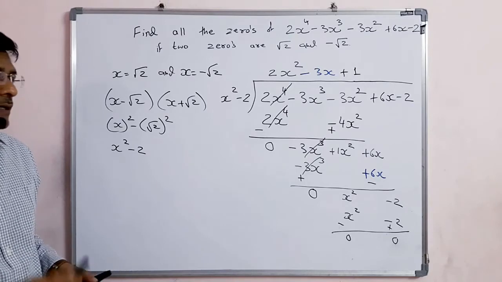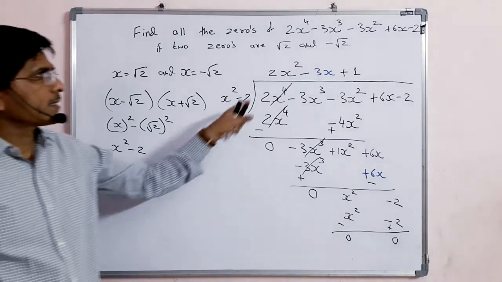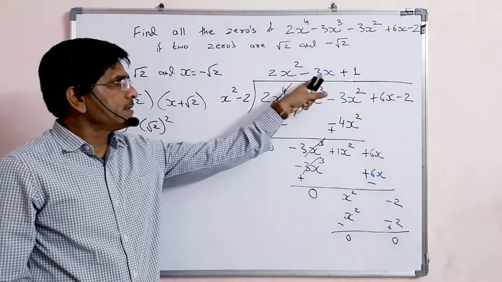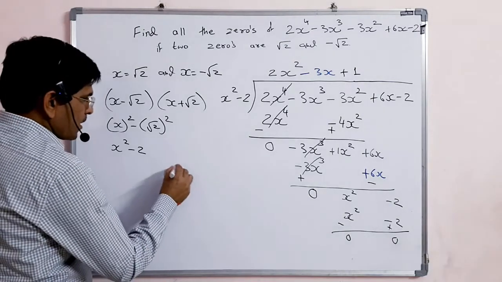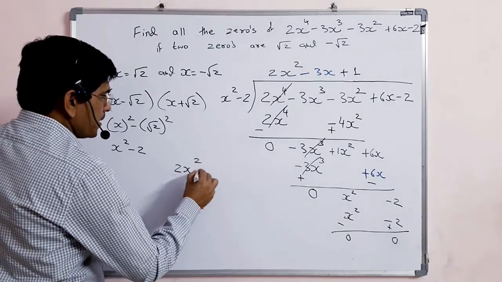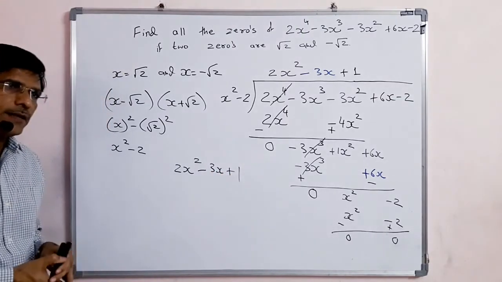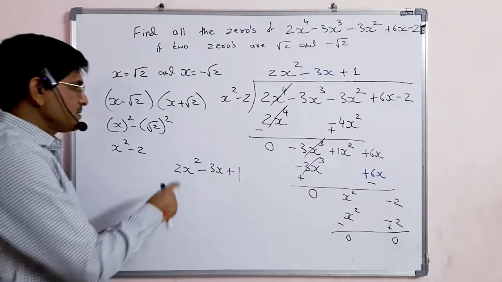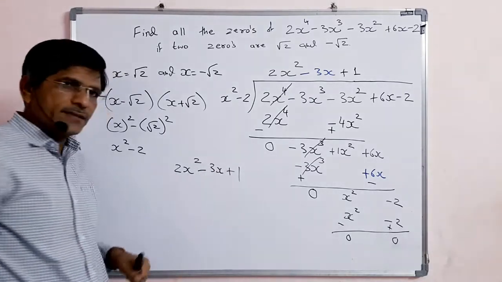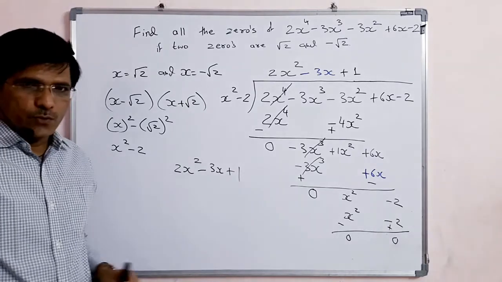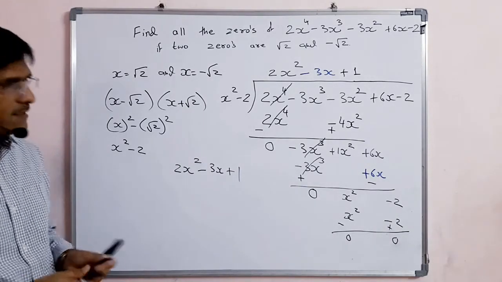So now to find the other two zeros, we have to factorize 2x squared minus 3x plus 1. So I write again here 2x squared minus 3x plus 1. To factorize this, we split the middle term: 2 into 1 is 2, and we need 3.